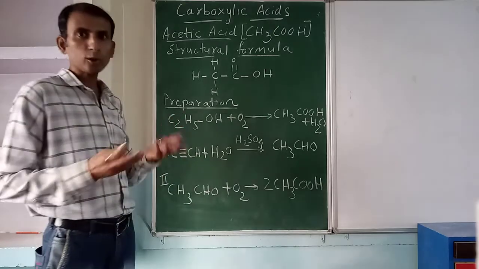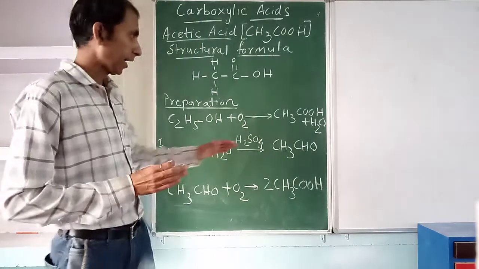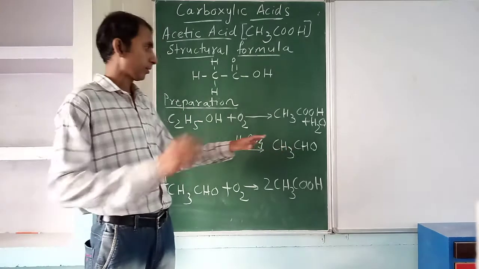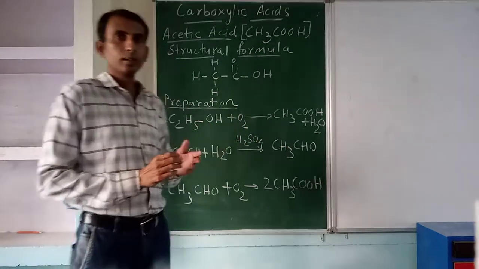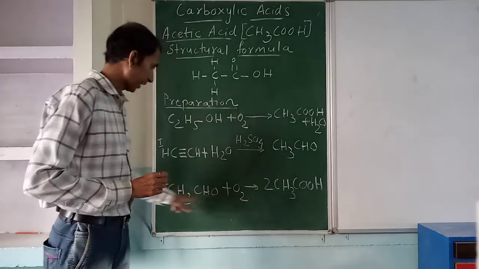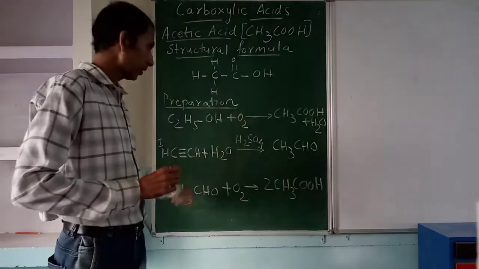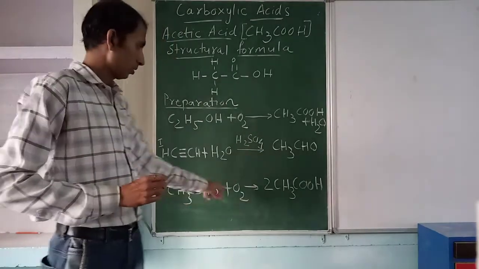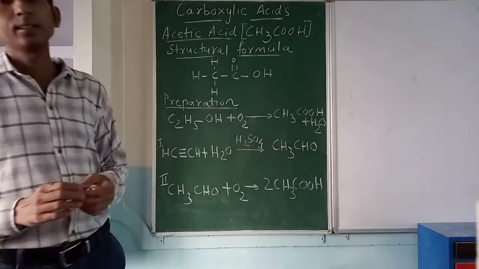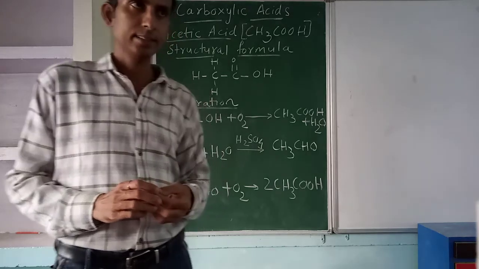Now still we have not got acetic acid. What is this? It is an aldehyde. The CHO group means aldehyde. So the aldehyde can immediately undergo oxidation in the second step. In the second step you take this aldehyde, react with oxygen, and then finally we get two molecules of acetic acid.